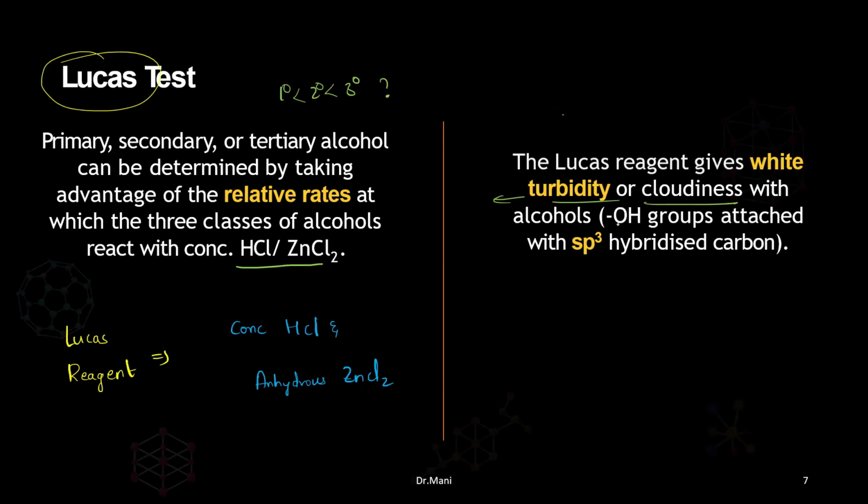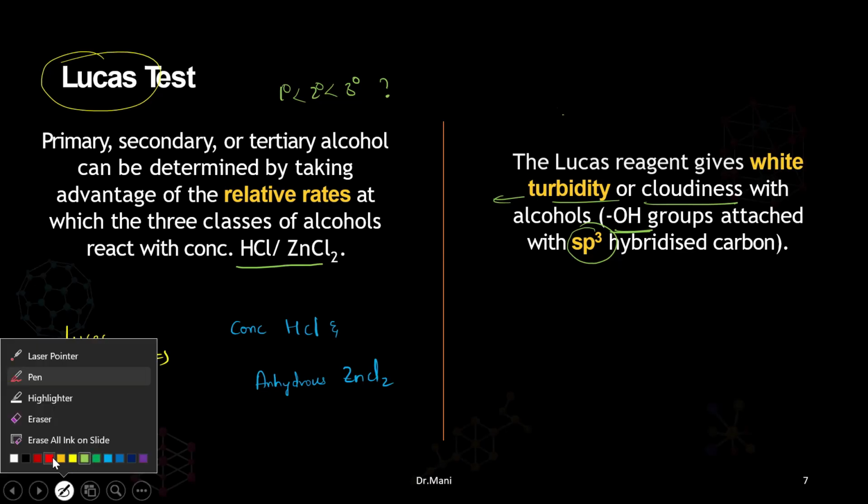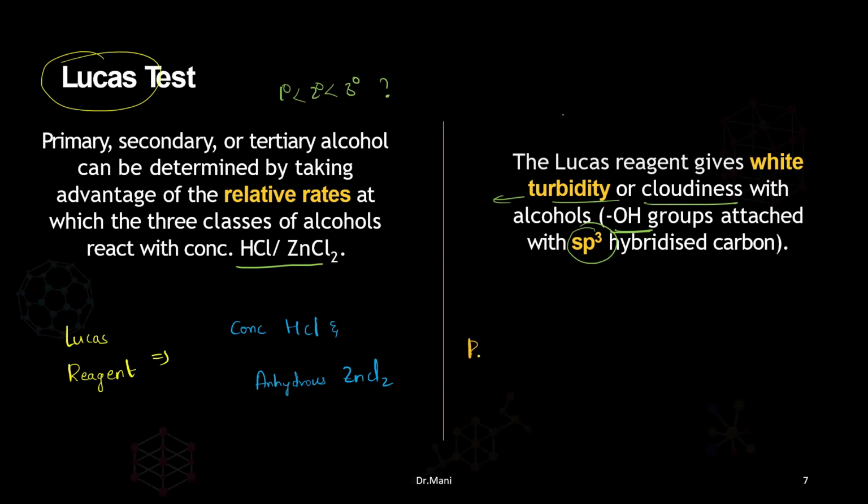And we know the functional group OH is attached by a covalent bond. And what kind of covalent bond? An sp3 hybridized covalent bond. Just remember this. So the reaction will go in this way. You take ROH.